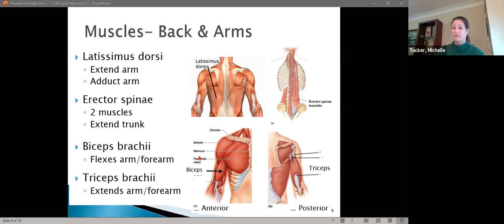So extending is pulling that arm back, and then you would use the deltoid to abduct it. But then if you need to pull the arm back down, that is latissimus dorsi. So butterfly swimming alternates latissimus dorsi, deltoid, and then lat again. So it is using these muscles a lot.